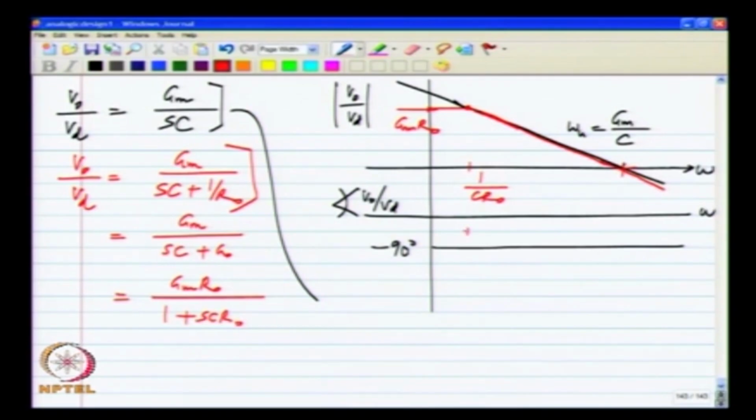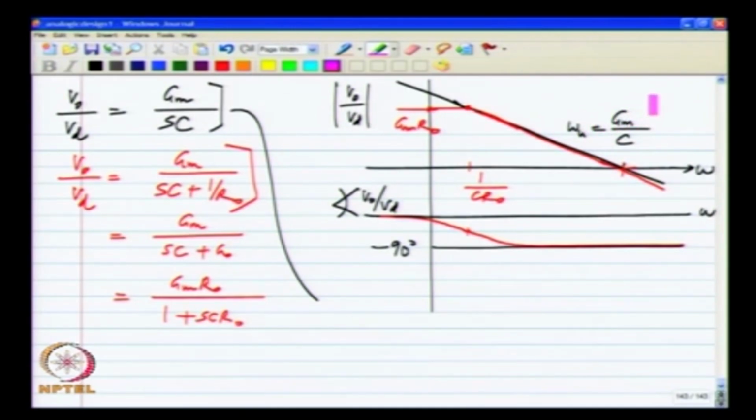Similarly the phase plot does not start from minus 90, it starts from 0, but at 1 by C R naught it goes to minus 45 degrees, and soon after that it goes to minus 90 degrees. So, the difference occurs only in the low frequency range, at a frequency 1 by C R naught and surrounding it. At very high frequencies the two transfer functions are identical.